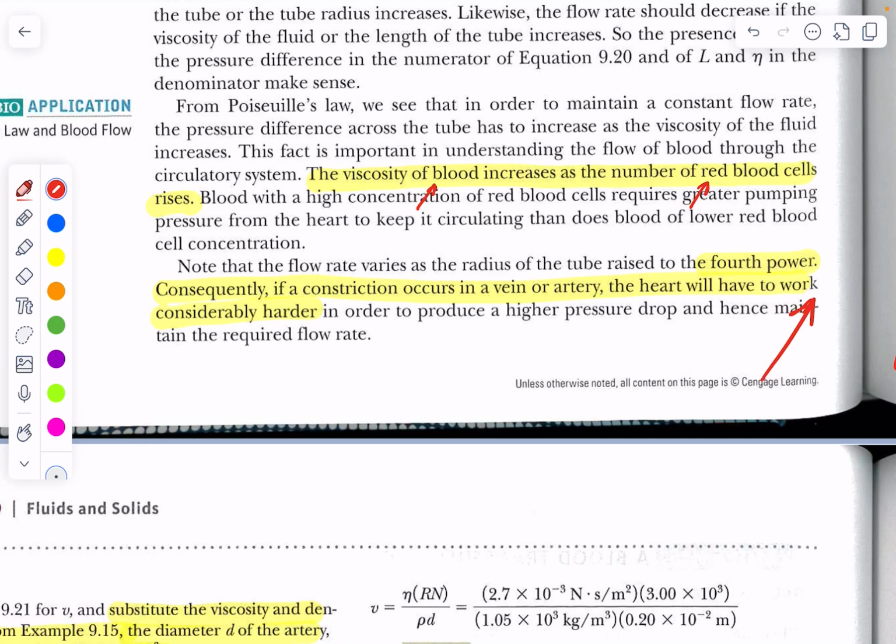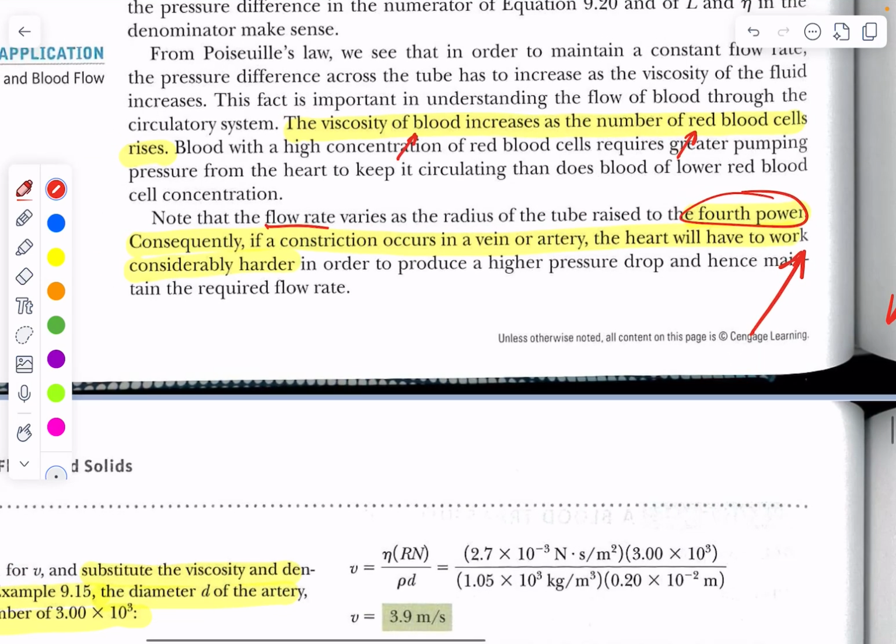And that is that flow rate is proportional to the fourth power. And again, the fourth power tells us that when you have a constriction in your vein or your artery, and the blood is trying to get through that vein or artery or capillary, the blood is going to have to work considerably harder, to the fourth power, to get through.